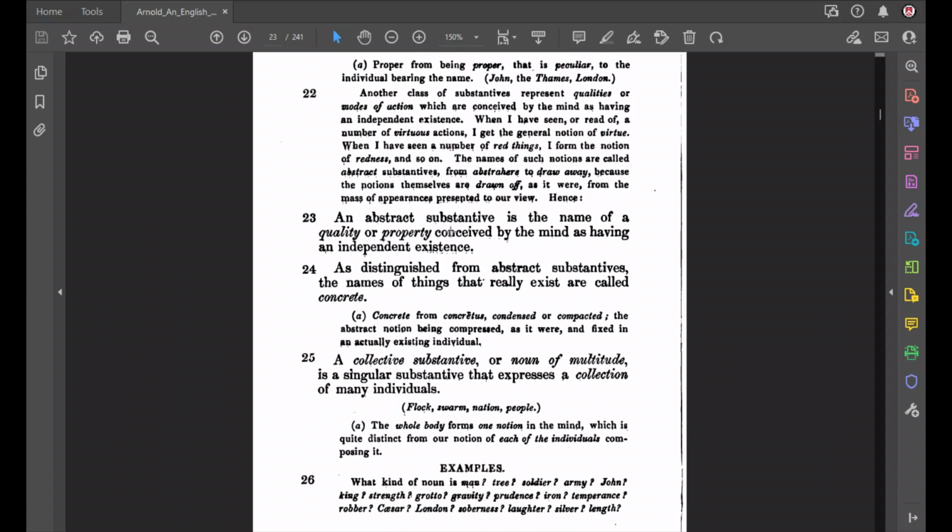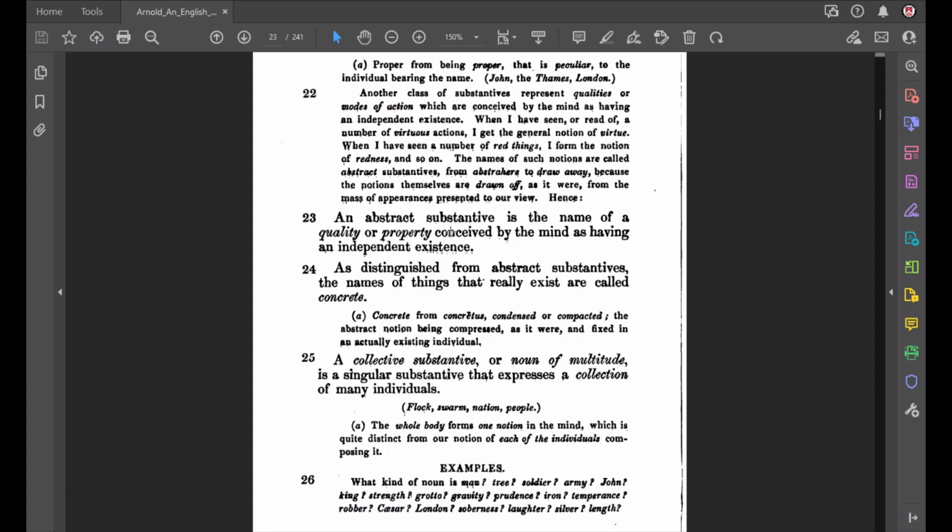The last division of substantive nouns, down in paragraph 25, we learned about collective substantives. So most nouns are names of individual things, but there's another class of substantive nouns that are called collective substantives.